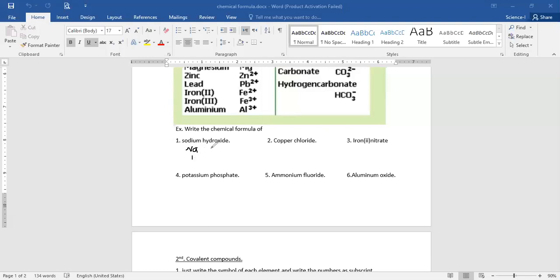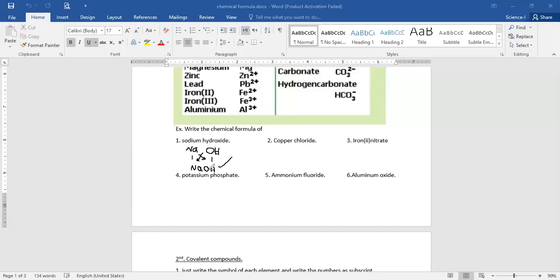Good. Hydroxide? Check the table. OH. Brilliant. Both are capital, OH. And its valence? 1. Switch the places. So it will be NaOH. Of course, we didn't write the number 1. Good.